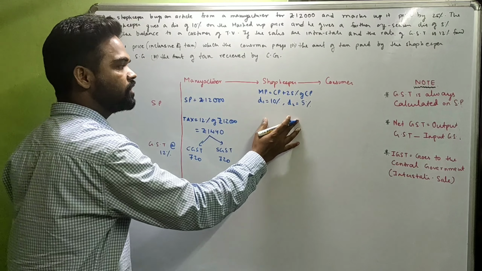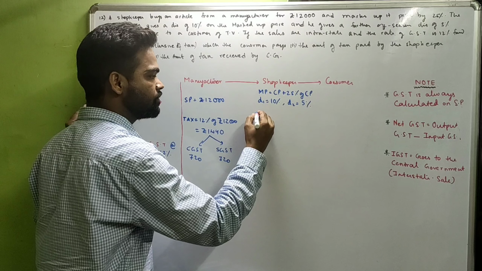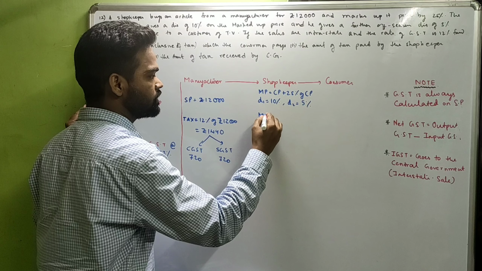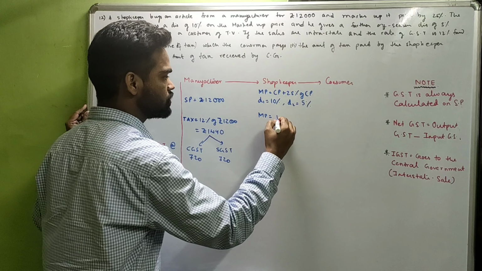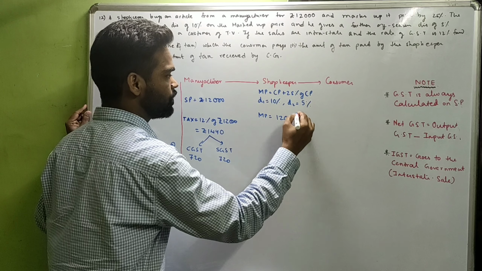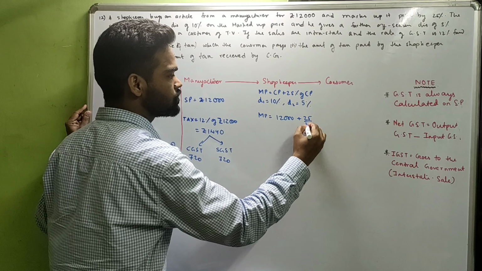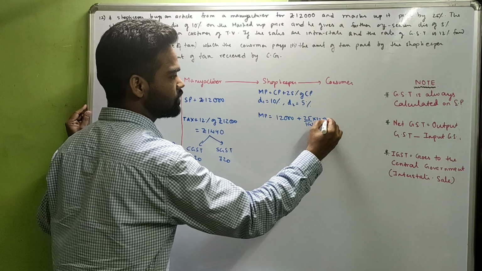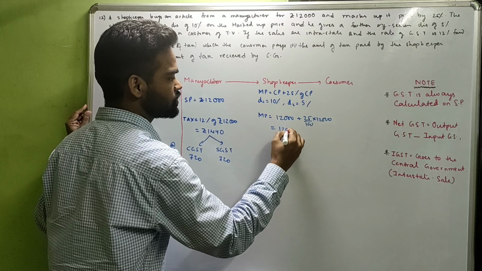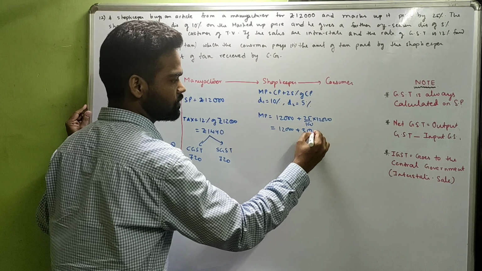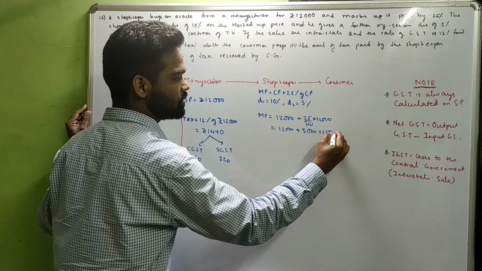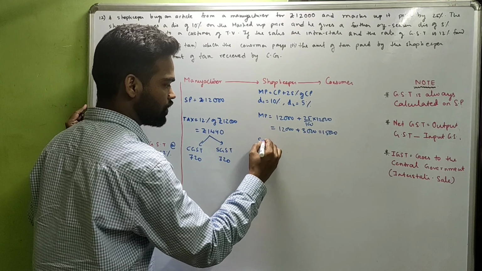Done. Over here, first I'll find the mark price. So the mark price is rupees 12,000 plus 25% of 12,000, which is 12,000 plus 3,000, which is 15,000. Am I clear?